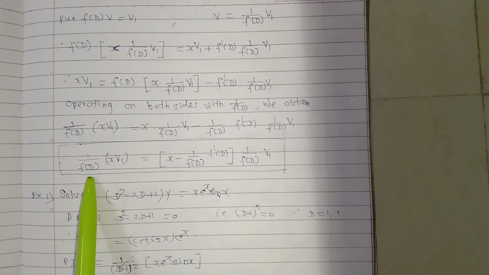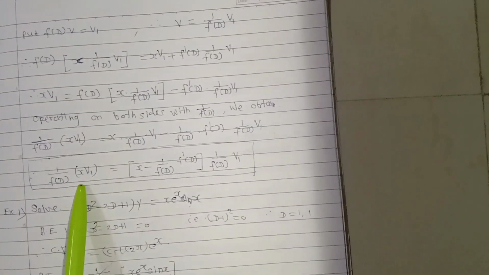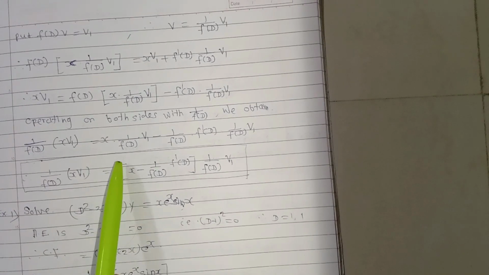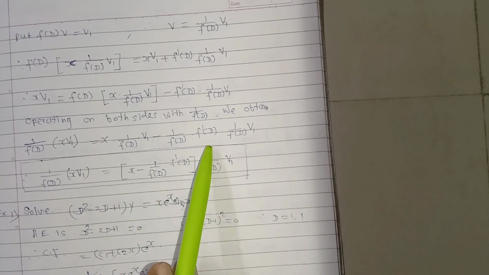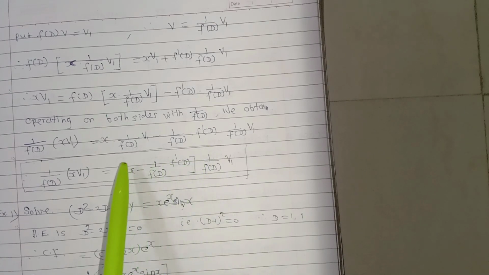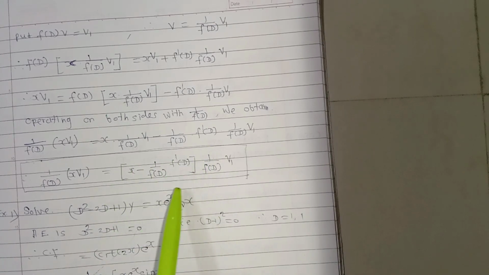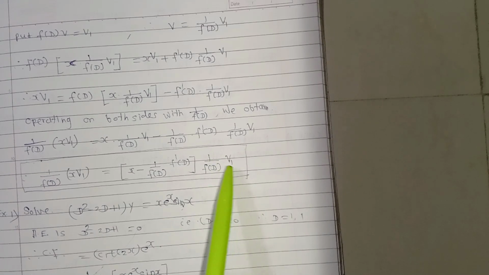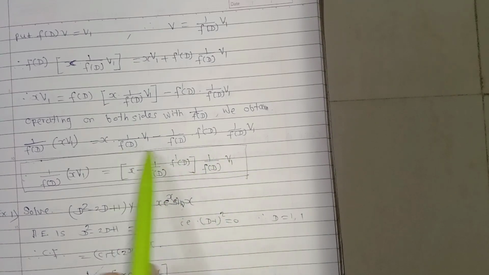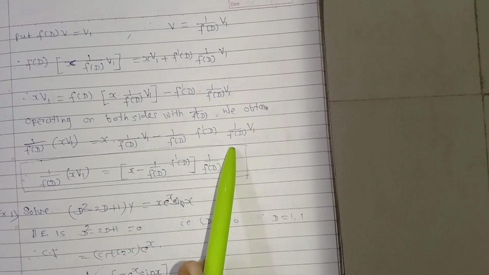So we get 1 upon f(D) operated on x phi 1 equal to x minus 1 upon f(D) into f dash D, bracket complete, into 1 upon f(D) operated on phi 1. That means this term is taken common from both terms.